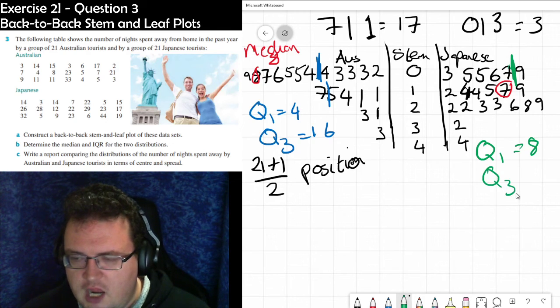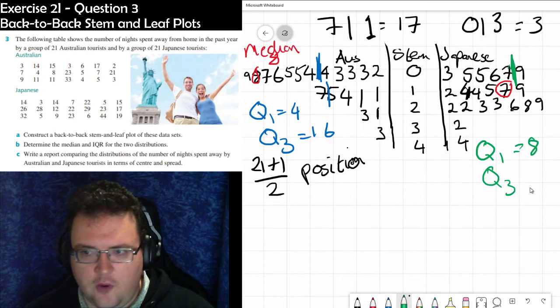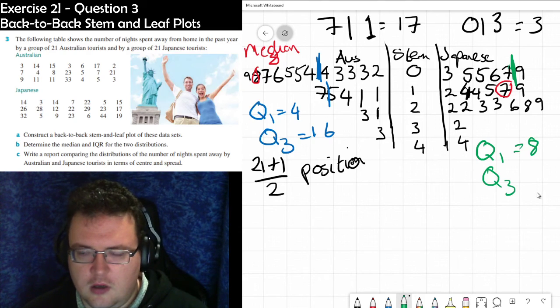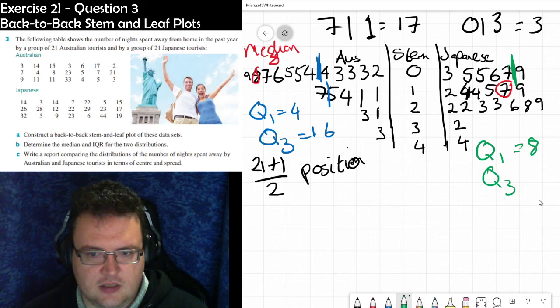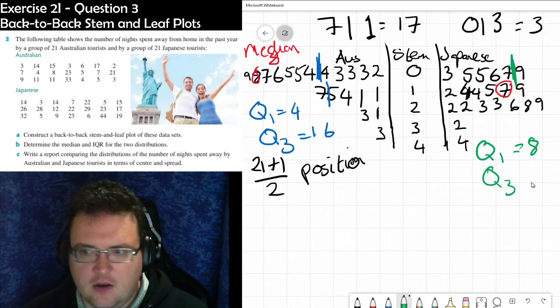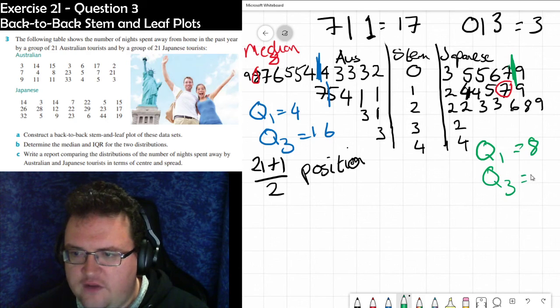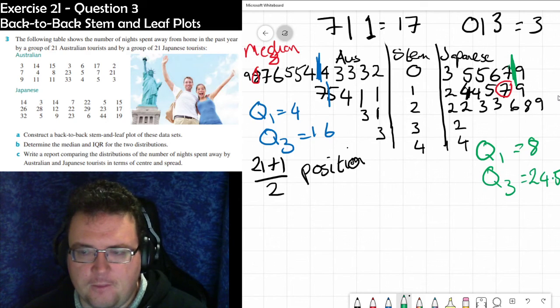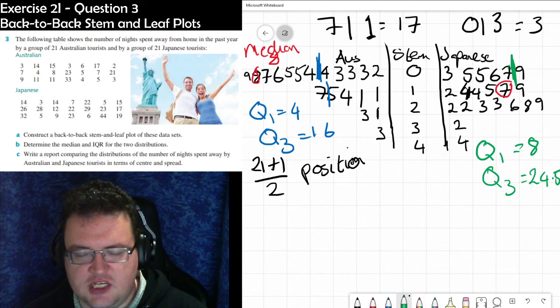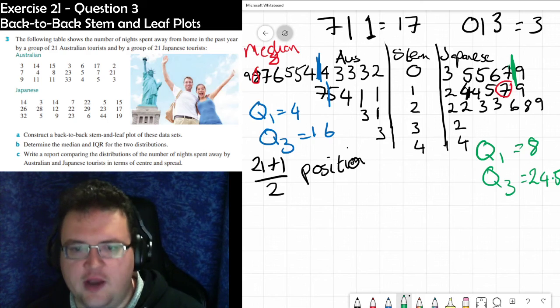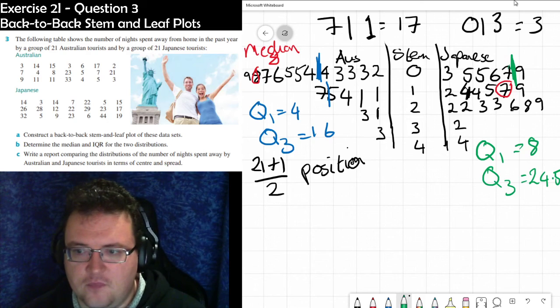So Q3, halfway between 23 and 26, is going to be what? It's going to be 24.5. Alright, because there's 3 units difference between 23 and 26. Half of 3 is 1.5. Add 1.5 to the lower one or subtract it from the top half.